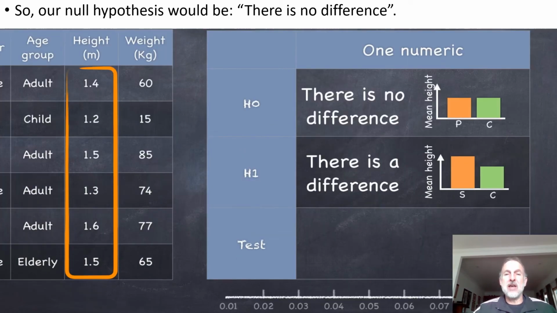People, we believe that there is a difference. H1, our alternative hypothesis. But therefore, we have to formulate a mutually exclusive statement, our null hypothesis. So our null hypothesis would be, there is no difference.